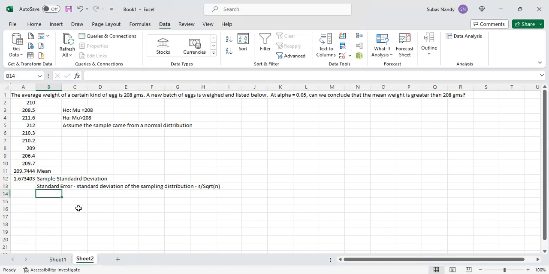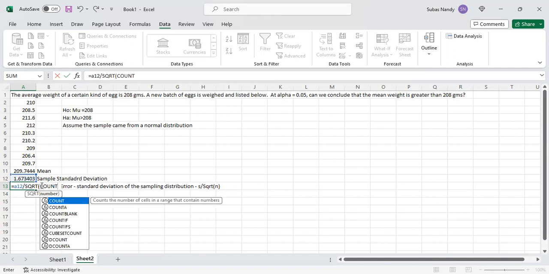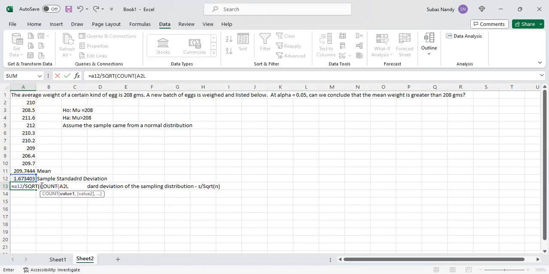So how will I do that? In this cell, equal to, the standard deviation is in cell A12, then divided by, this symbol in Excel, then I will do SQRT, square root, and the sample size, I can type the number or I can count A2 through A10.